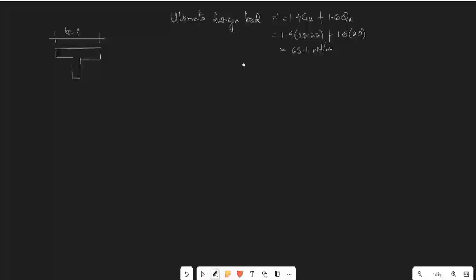So how do we obtain that? We need BF. How do we obtain the effective flange width? I'm going to show you in the code how we do that.